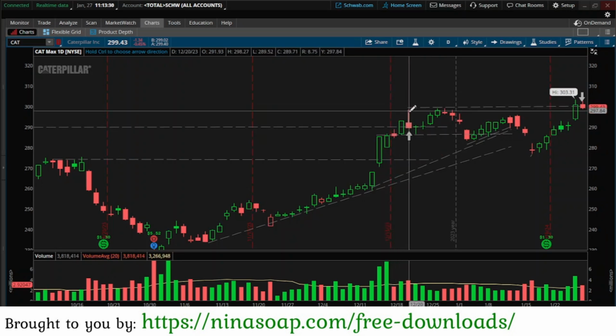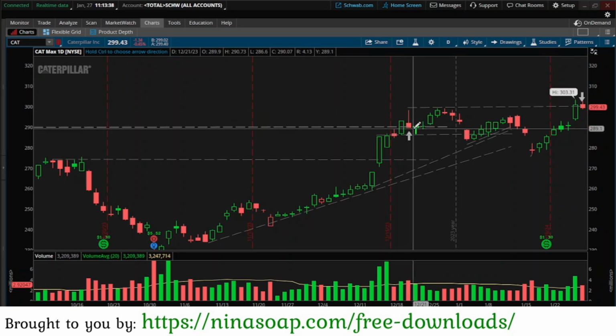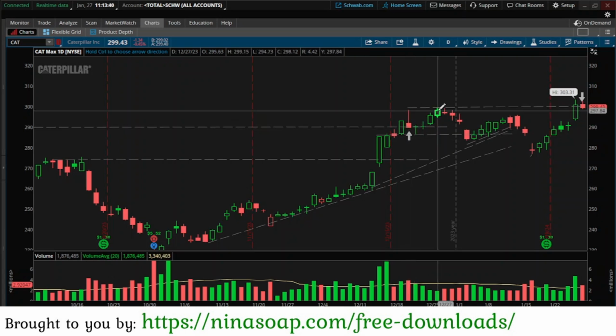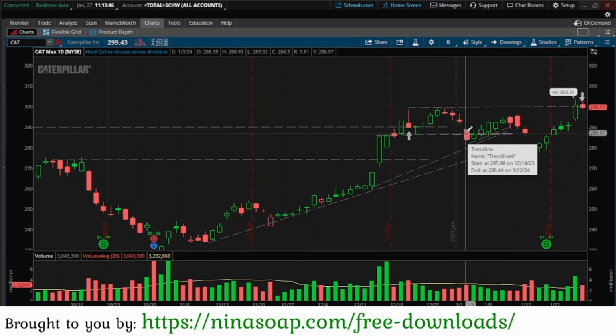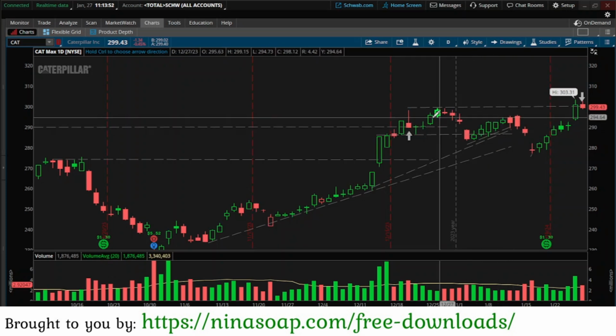So I went and bought it here, which is pretty much a high point. From here it reached a high, and then it fell back and continued. So there is a resistance line here that it is now crossing, and then it pulled back, and when it pulled back, the trend ended. You can see this high here is lower than the previous.